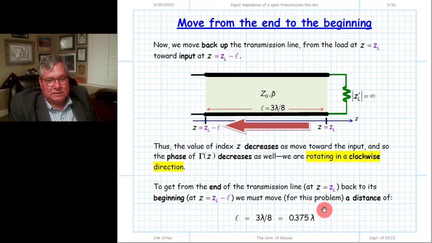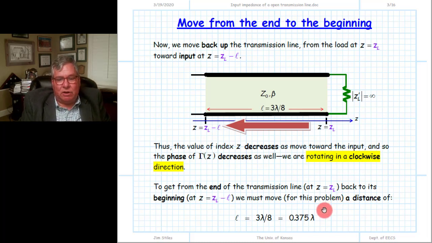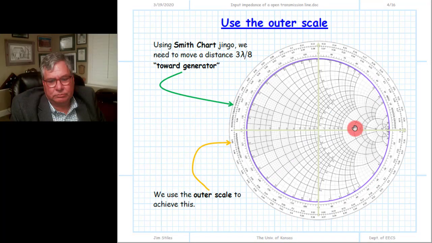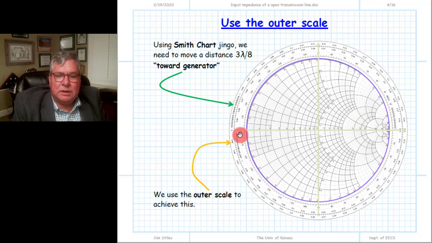Well, we move a distance that's associated with our transmission line length of 3/8 lambda, and we're going to use our outer scale values to determine how far that should be. So what we're going to use, since we're moving away from the load and up toward the input, is the wavelengths toward generator scale on the outer scale of our Smith chart.